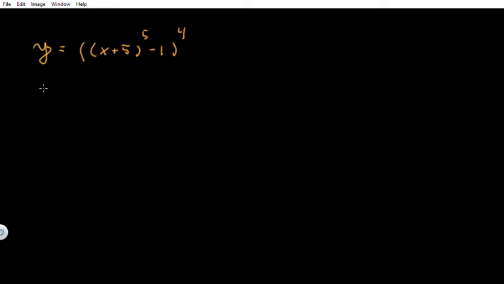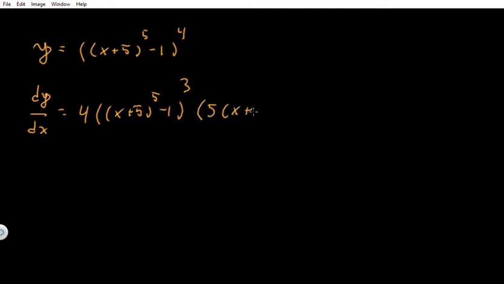And if we want to find dy/dx, first I would have to bring down that 4. 4 times x plus 5 to the fifth power minus 1 cubed, multiplied by the derivative of the inside function now. So 5 times x plus 5 to the fourth power.